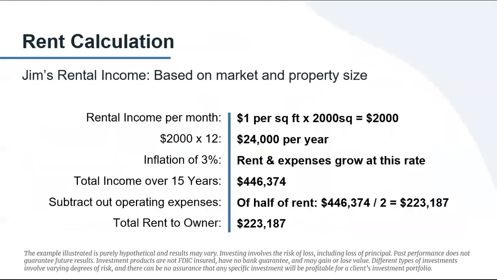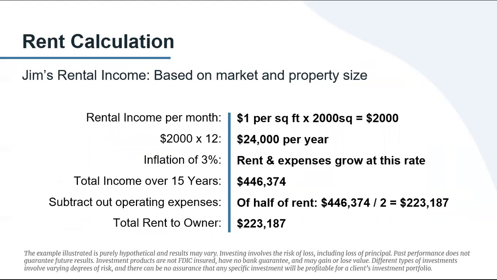But again, he's also going to receive rent. And so rent is, again, $1 per square foot times 2,000 square feet. That's 2,000 per month, which is 24,000 per year. Again, that's inflating at 3%. So the total income over 15 years that would be paid out to Jim is $446,374.